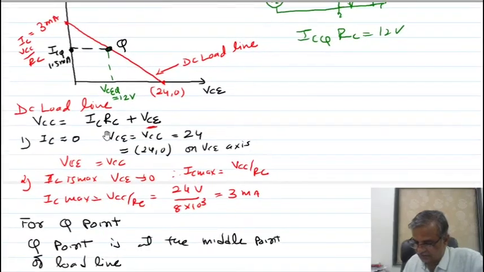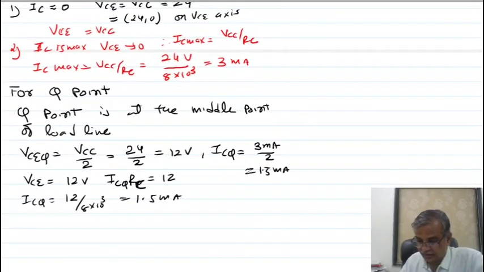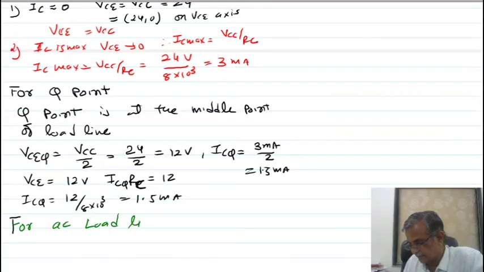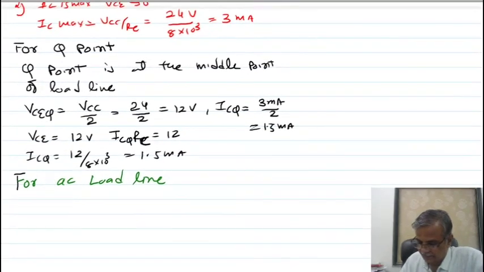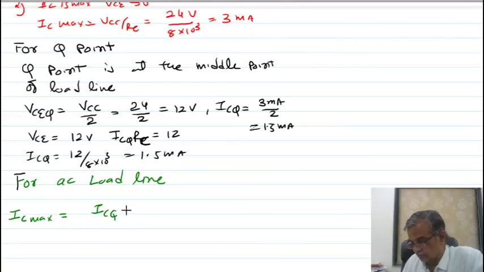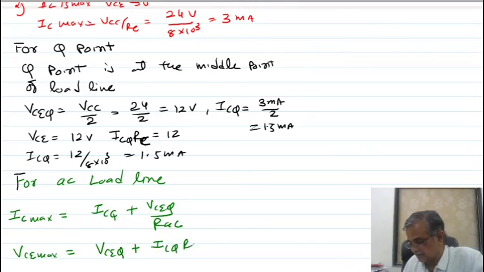Now let us calculate your AC load line. For the AC load line, I have to find IC maximum, which is your ICQ plus VCQ by RAC, and VC maximum, which is VCQ plus ICQ RAC.